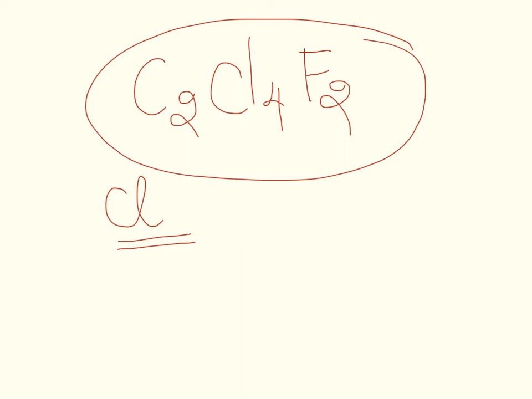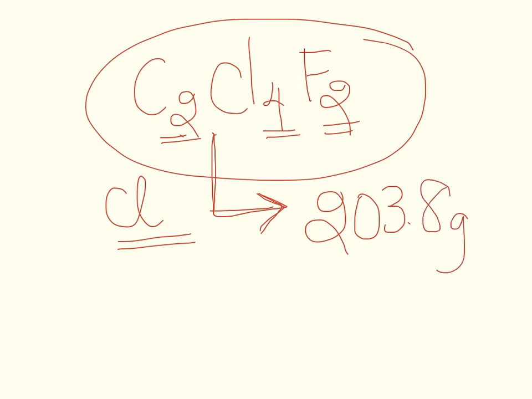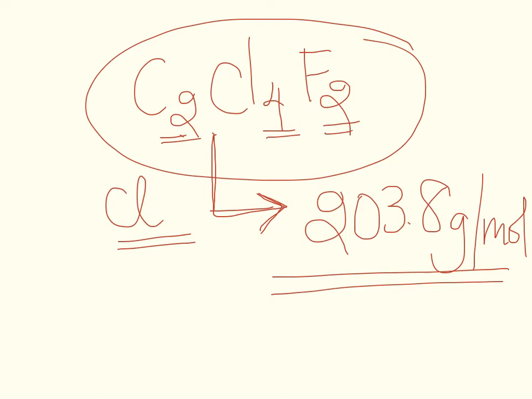So first we figure out what is the molar mass, and if we use our system of finding molar masses, there are 2 carbons and 4 chlorines and 2 fluorines, and if we use the atomic masses of each atom, fluorine is about 18.99 AMU, chlorine is 35.45 AMU, and carbon is 12.01, and if we use all that, we get a value of approximately 203.8 grams per mole. This is the molar mass of the compound.